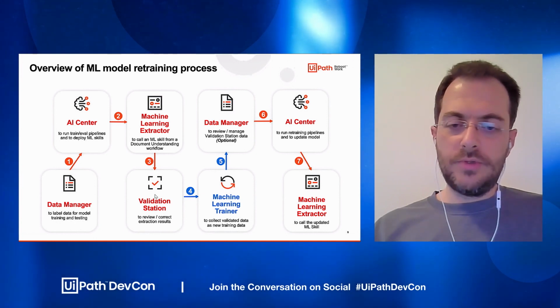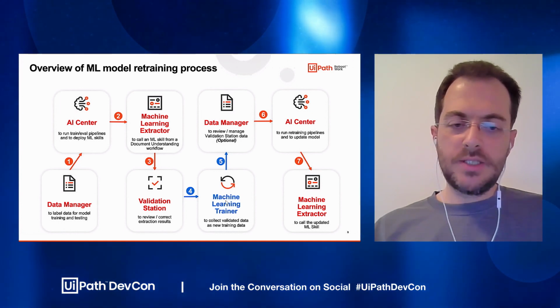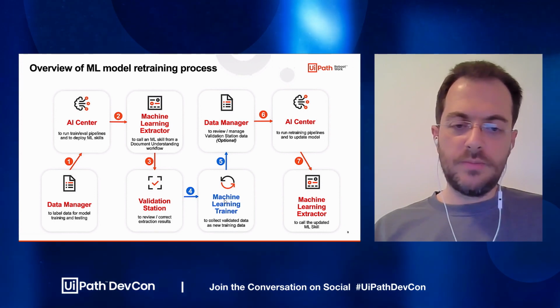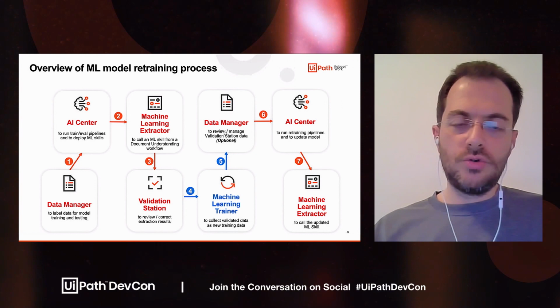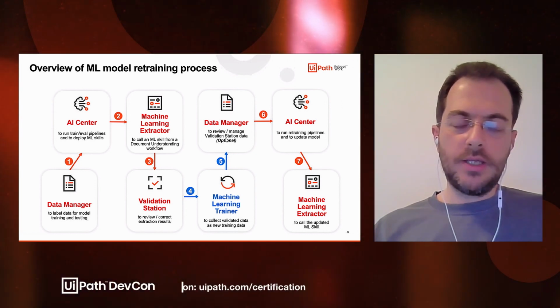This is where the critical part happens, because this information that is generated by the human, by the manual validation, can be used to retrain and continuously improve the model. And the way this happens is through an additional activity, the machine learning trainer activity, which directs the data to AI Center again for retraining.